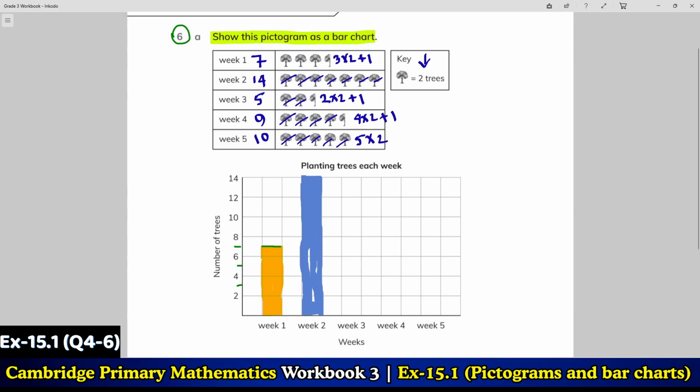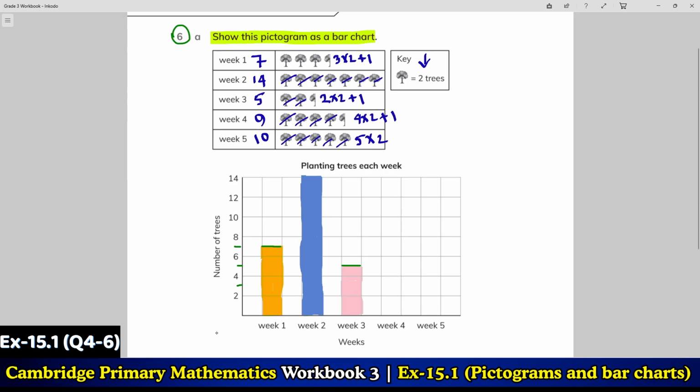This is week 2, 14. What about week 3? Week 3 is 5. So 5 we can draw in another color. 5 means in the middle, right? This is a 5. So we can draw 5.